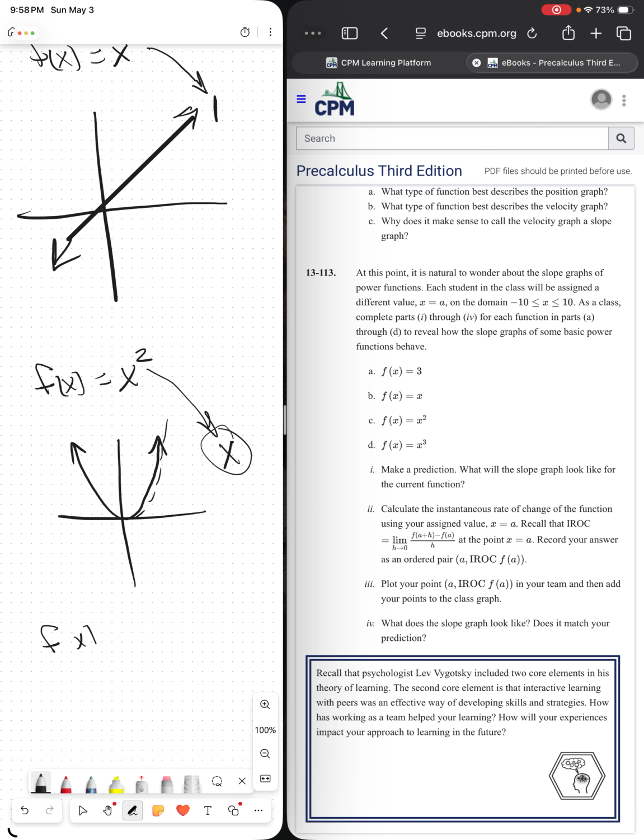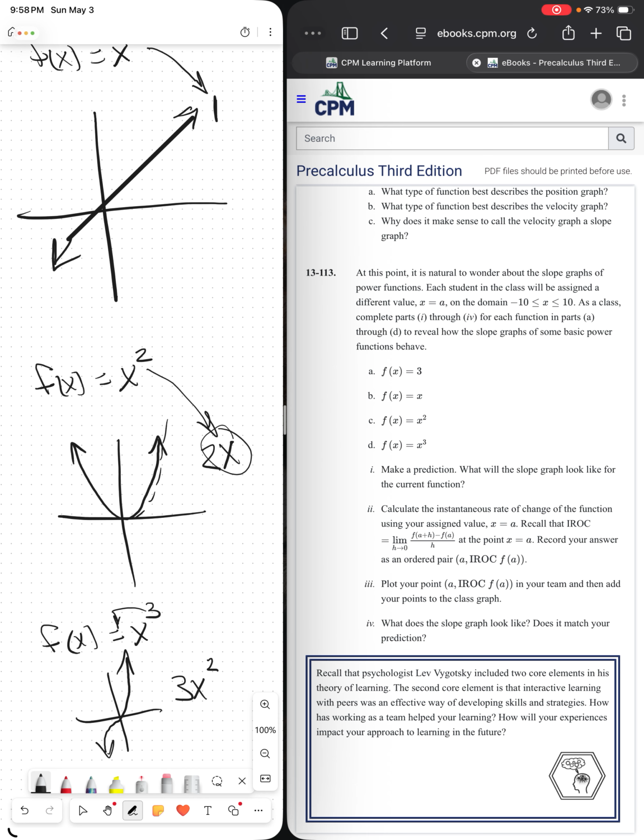So hopefully we see this pattern. Guess what x cubed's slope function is going to be? It's x squared. There's more to it than that. There's a constant that goes to the front, and you'll learn in calculus how this works.